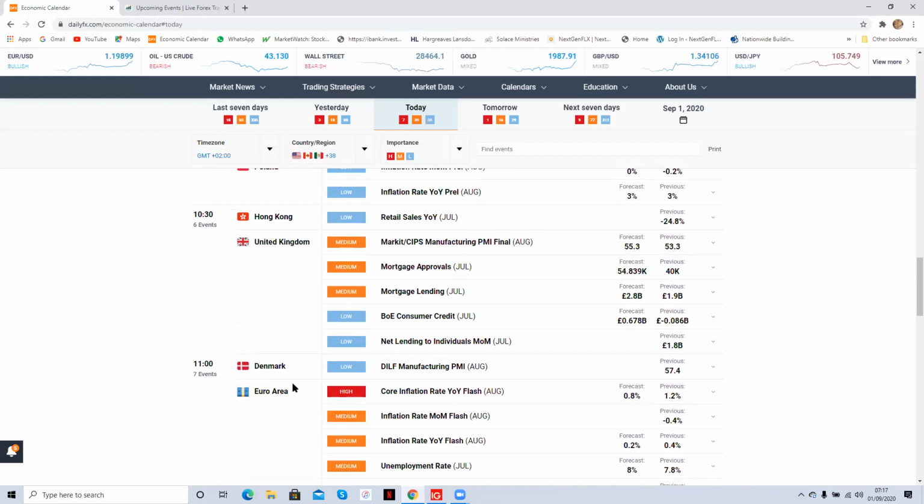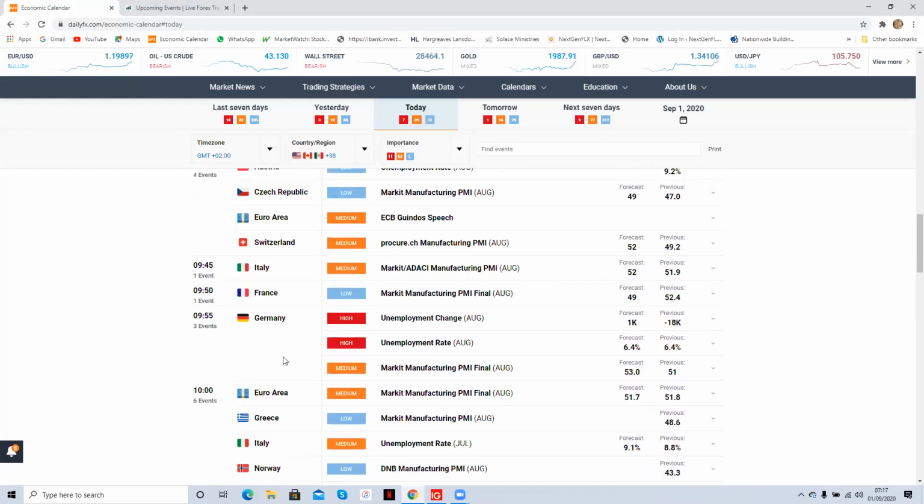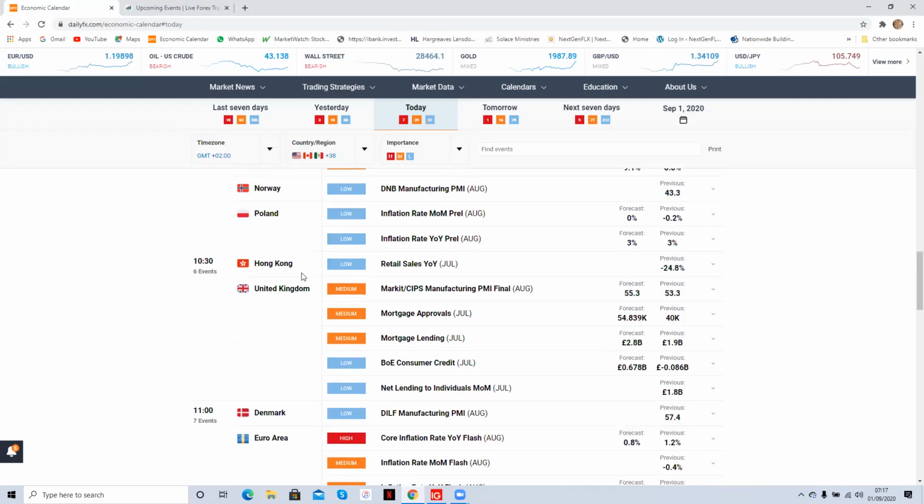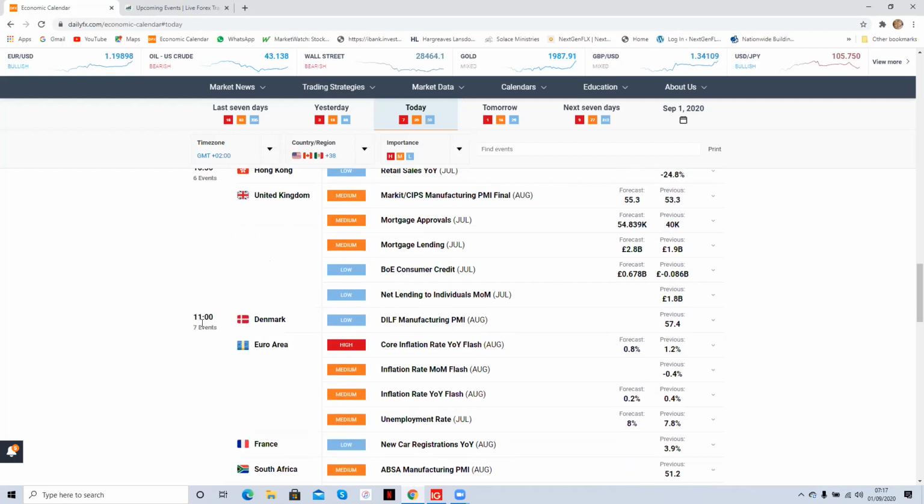So on analysis of all these reports coming out, my own assessment is that the first and most important report today is the euro area core inflation rate. So I would avoid trading prior to 11 o'clock.